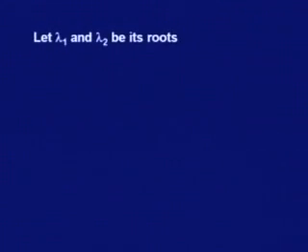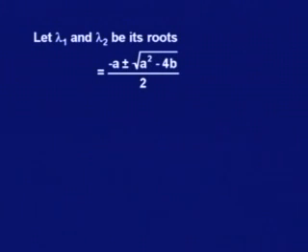Then we check its roots lambda 1 and lambda 2. They are minus a plus square root of a square minus 4b by 2 and minus a minus square root of a square minus 4b by 2.